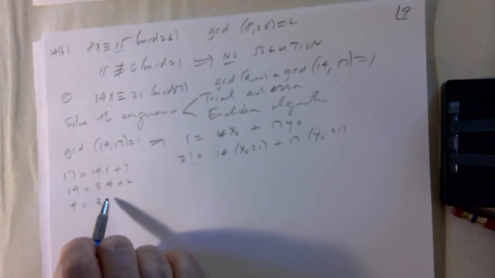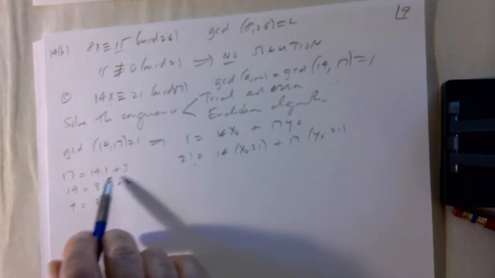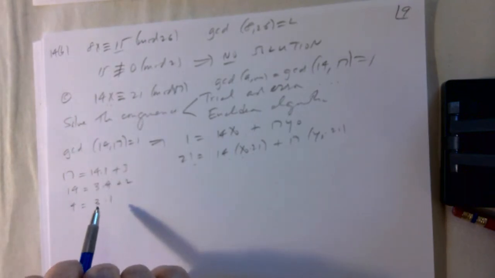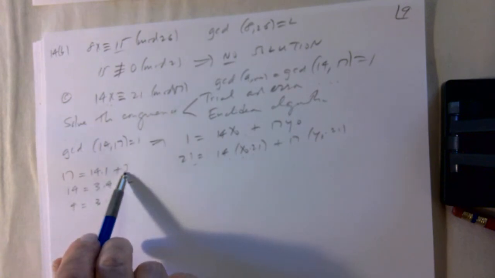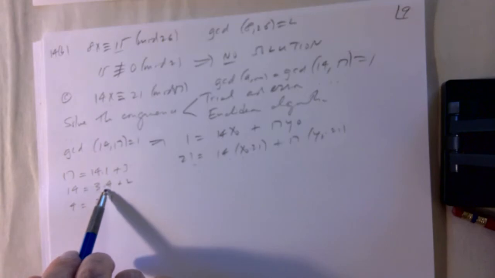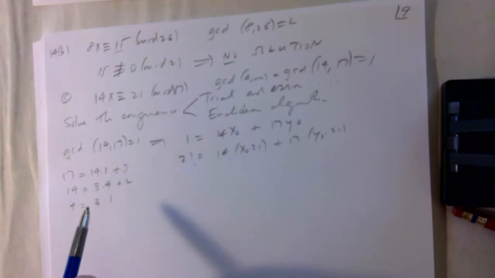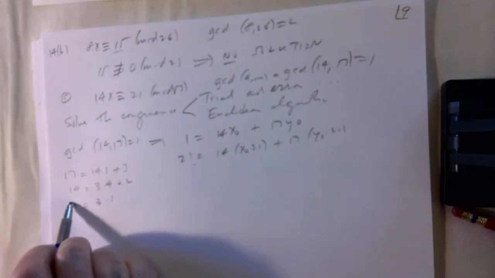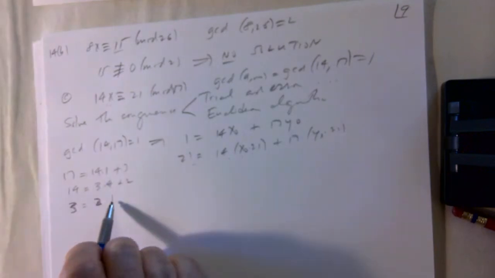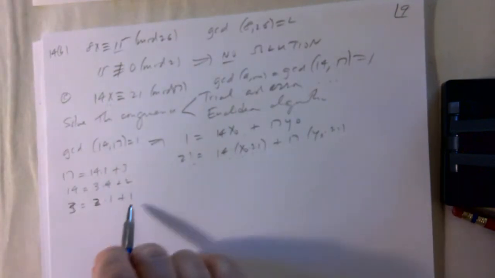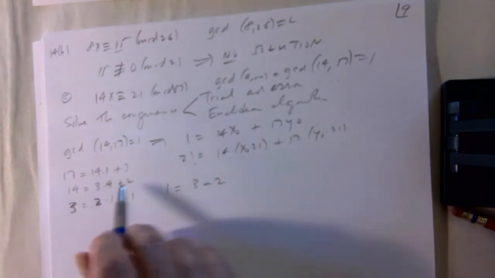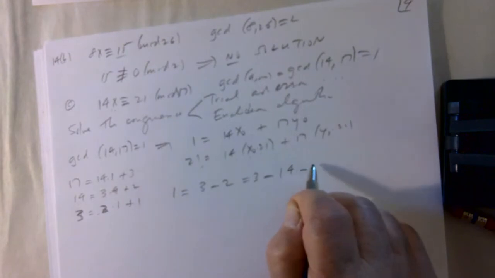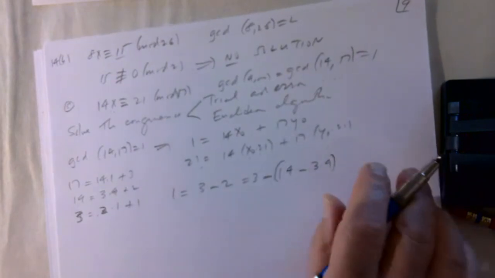Sorry. 17 is 14 times 1 plus 3. 14 is 3 times 4 plus 2. 3 is 2 times 1 plus 1. So 1 is 3 minus 2. 2 is 14 minus 3 times 4.